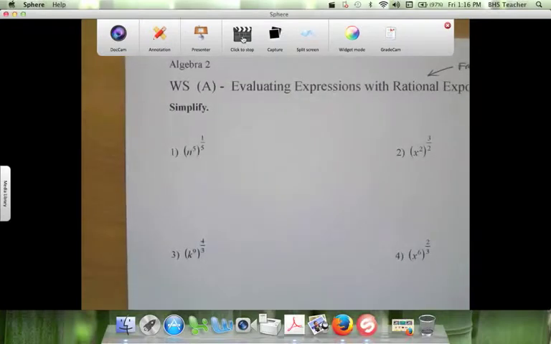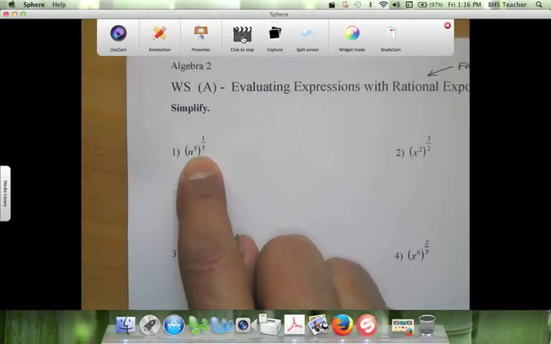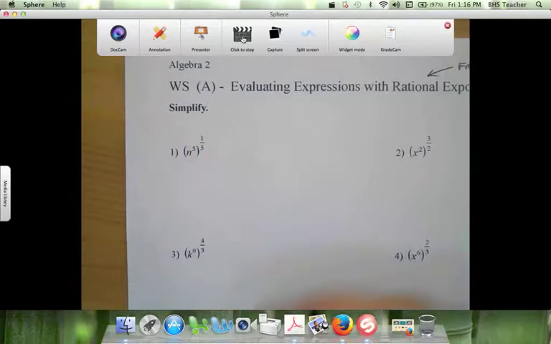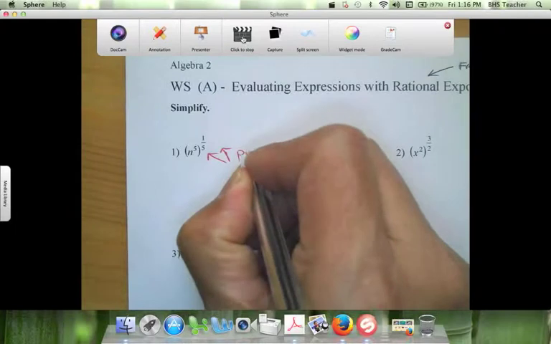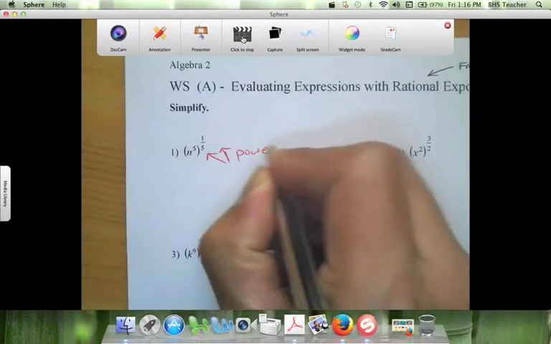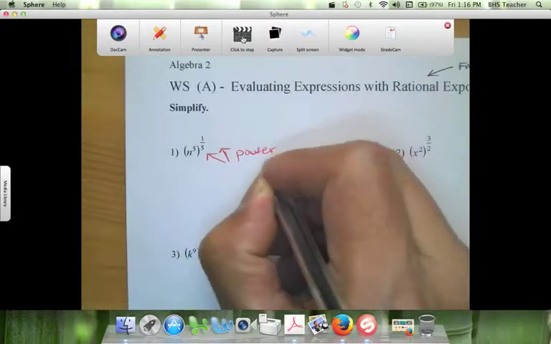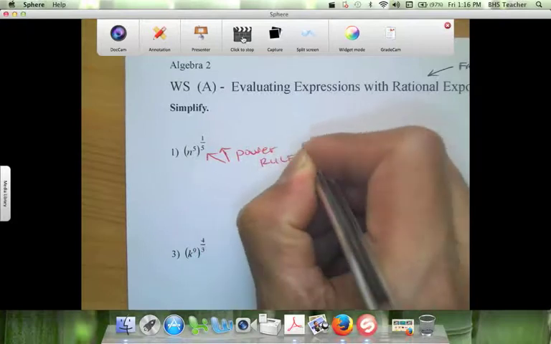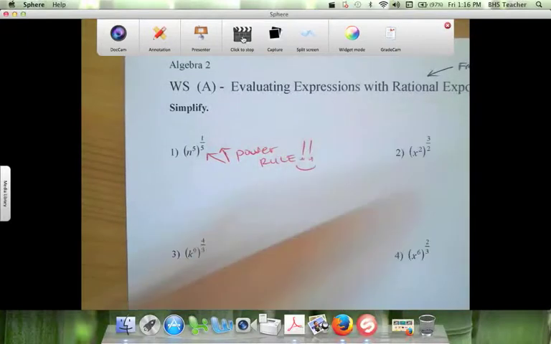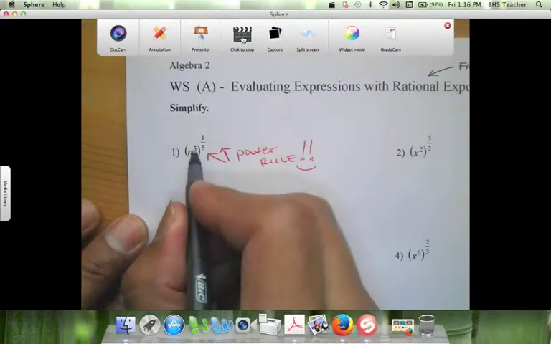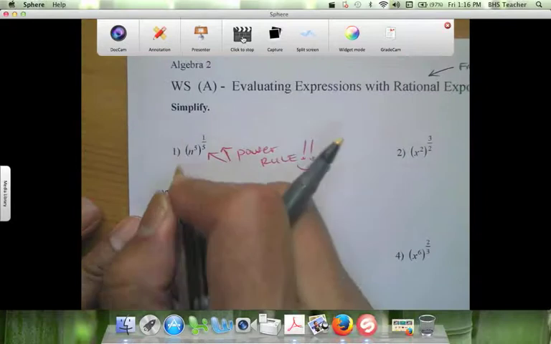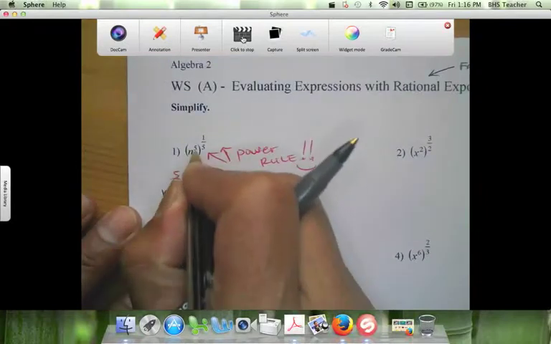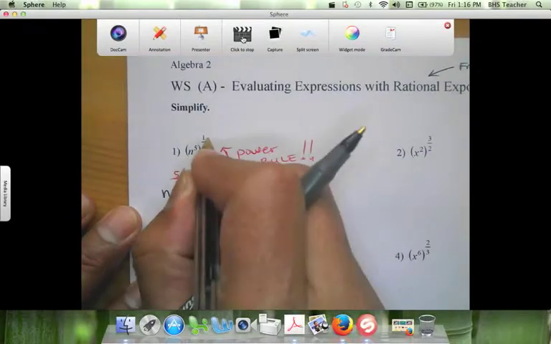Okay, we've seen this before. We have a power raised to another power. That is the power rule. So we multiply the fraction with the whole number, so that's n. The base stays the same, 5 over 1 times the 1 over 5.